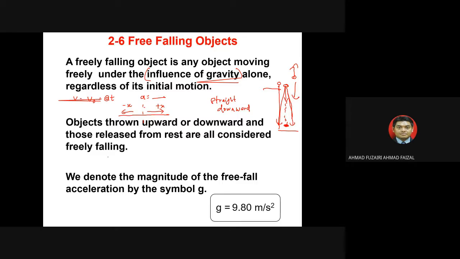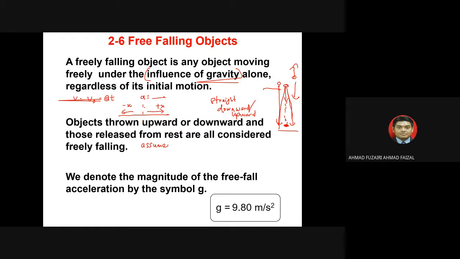That's why the word assume, menganggap. Physics needs a lot of assuming. We need to assume that the stone has a free fall motion. Free fall motion stands for going either straight upward or downward, but with the influence of gravity.